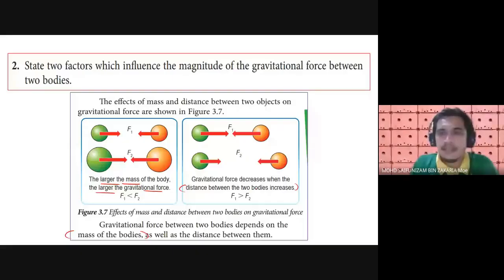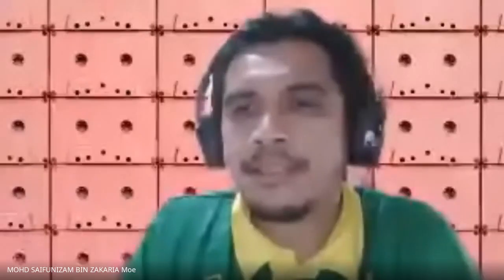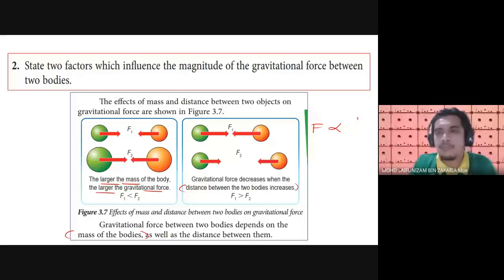It increases. The distance decreases, the force increases, because the force is inversely proportional to the square of distance. So when the distance between the objects increases, the gravitational force will decrease.